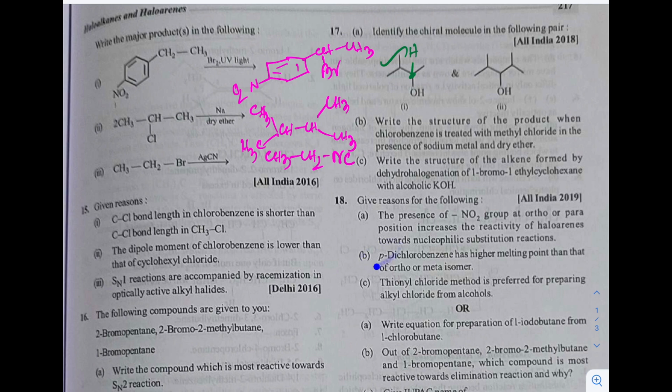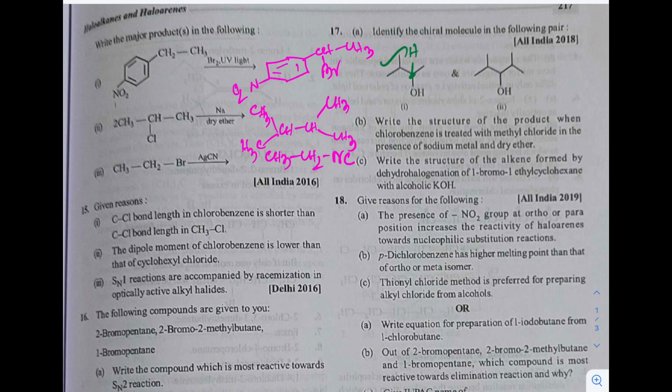Next, question 18b. Para dichlorobenzene has higher melting point than that of ortho or meta isomer. Para dichlorobenzene is most symmetrical in structure compared to its meta and ortho isomers. The structure which is most symmetrical in the solid phase has crystals that are most tightly packed due to its symmetry matching factor.